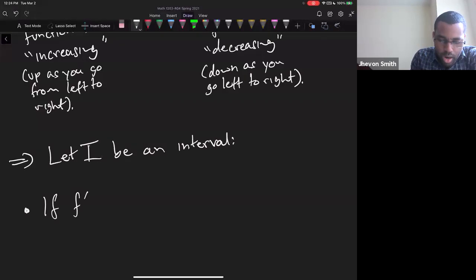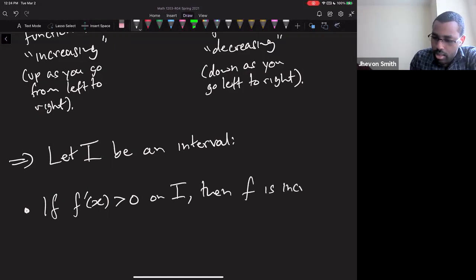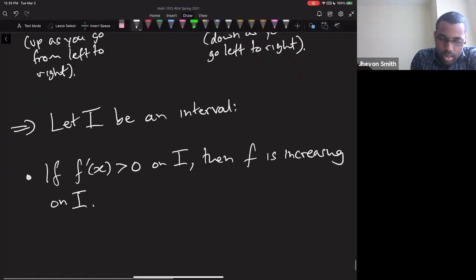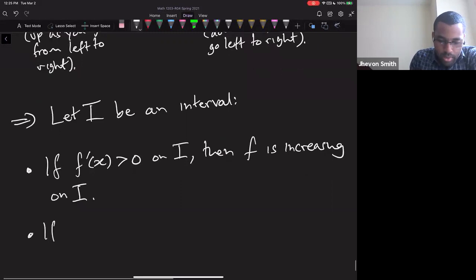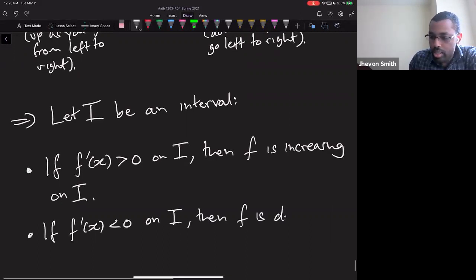If f prime of x is greater than 0 on I, then f is increasing there. And if f prime is negative on I, then f is decreasing.